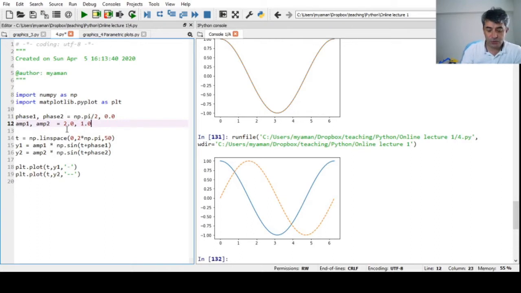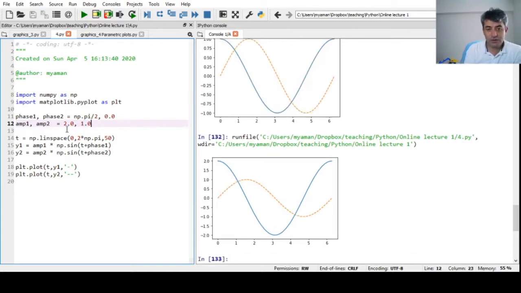With these amplitudes, I expect the first signal to be twice as large. So the maximum is 2 and the minimum is -2 for the first signal. And this is my second one. The first signal still has the phase shift as well. So amplitude only changes the maximum and minimum of the sine functions.